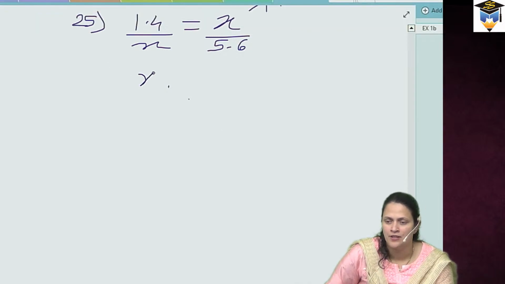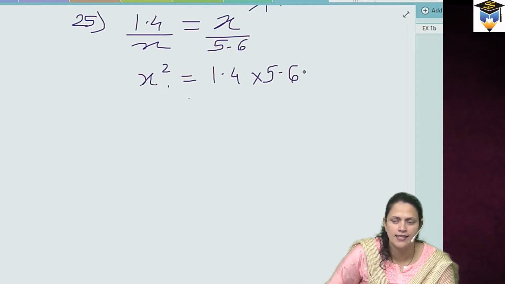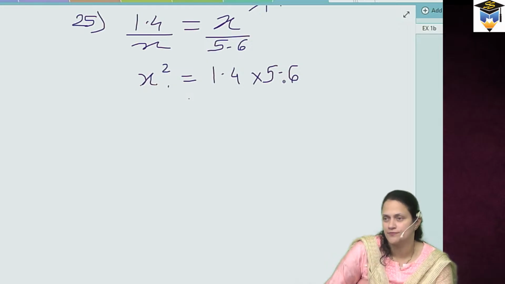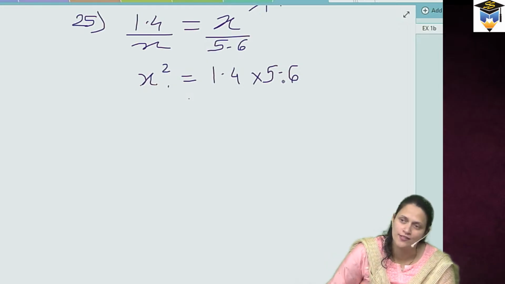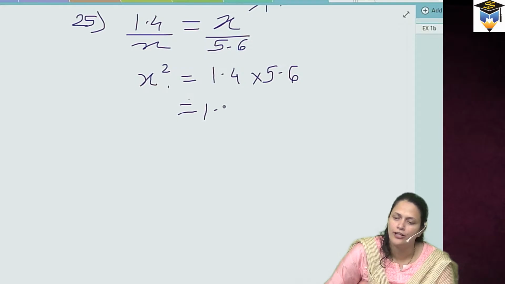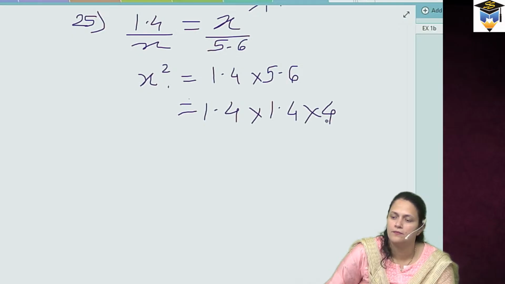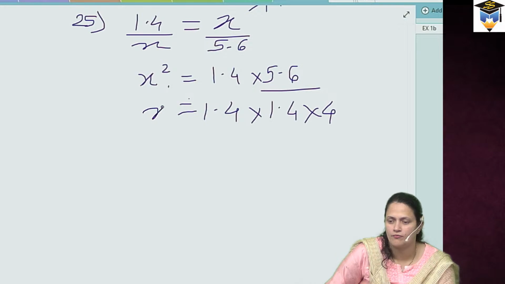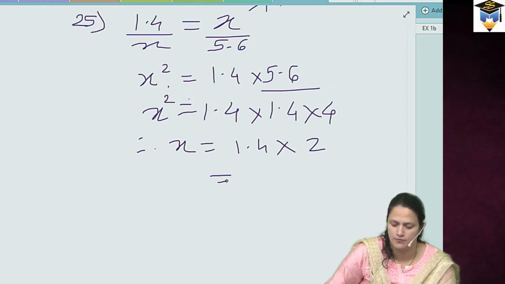We have to find the value of x square, which is 1.4 into 5.6. But I can see that 5.6 is a multiple of 1.4, is it? So I can write it as 1.4 into 1.4 into 4. So x will be equal to 1.4 into 2. Answer is 2.8. Correct? This is the easiest method to find out.